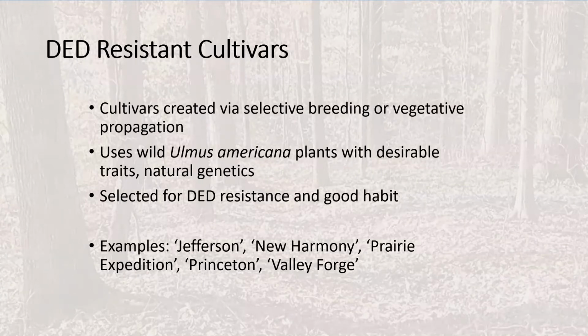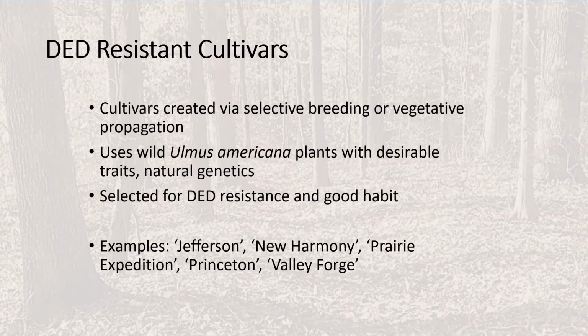So it's an individual American elm plant that shows some resistance that we can then copy through cuttings. We wouldn't want to just take seeds from that plant because that's open to pollination and some genetic variability. We want to copy that with a cutting or another method of propagation that makes an exact copy. And so through that, we've got some pretty good Dutch elm disease resistance in some of the examples I've listed here as cultivars.